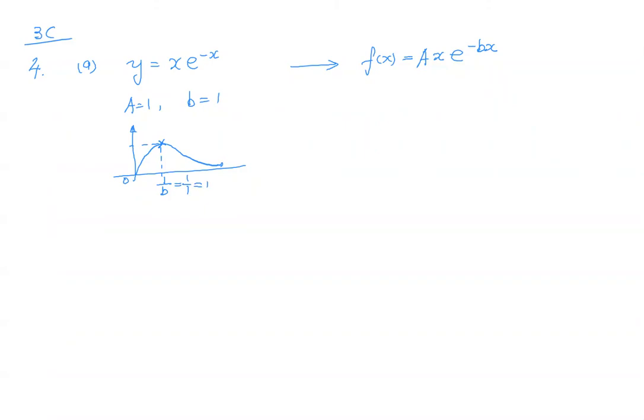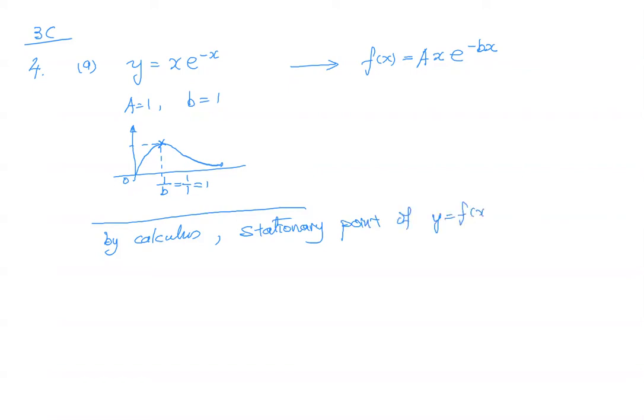So you see, if you have that form, how am I going to get the stationary point by calculus? I'm going to show you by calculus. When you talk about stationary point of y equal to f(x), what is the meaning of this?